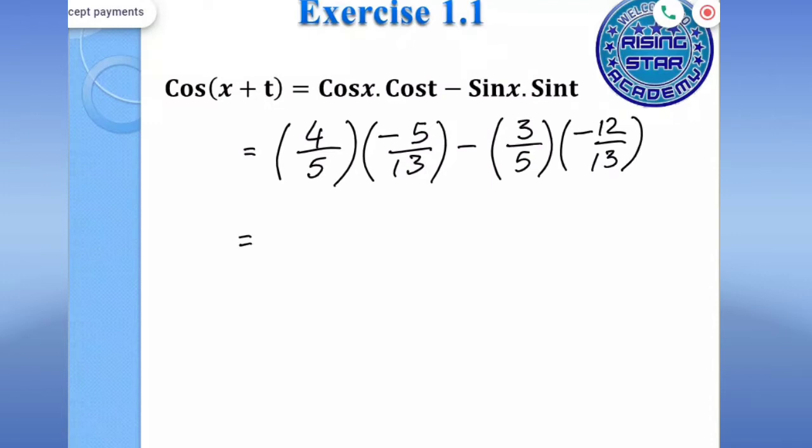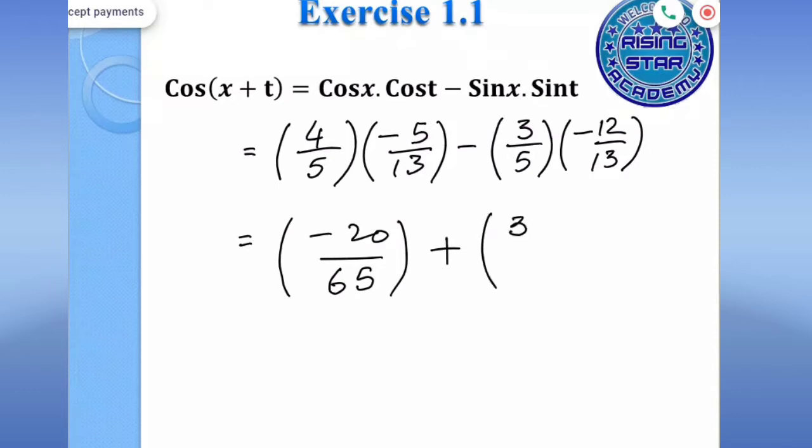We will simplify by multiplying numerator with numerator and denominator with denominator. So 4 times 5 would be minus 20 over 5 times 13 would become 65, and the outer minus would become positive, sorry. So that would be 12 times 3 would be 36, and 5 times 13 would be 65.